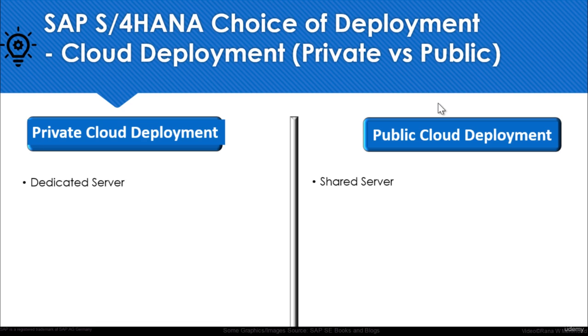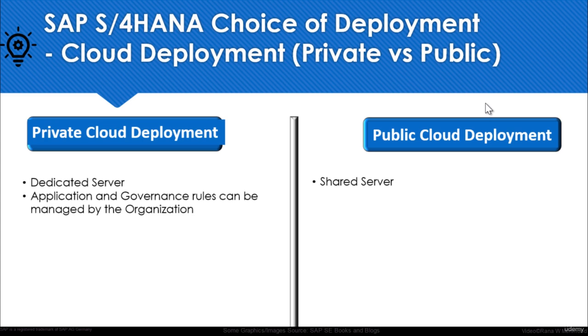As I explained previously, it's like the multi-tenancy functionality for the SAP HANA database. Application and governance rules can be managed by the organization. And in public cloud deployment, it follows a SaaS model.